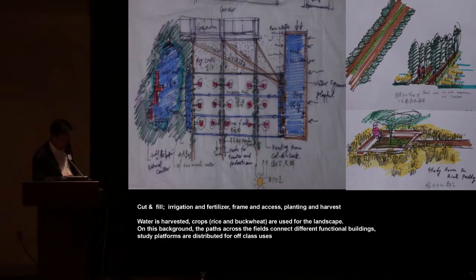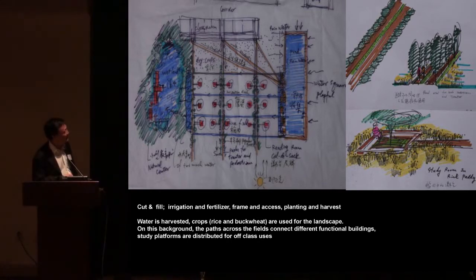So the solution is cut and fill, but very shallow, narrow, very simple cut and fill, because this land is flat. The cut and fill just created enough space for water to irrigate. So irrigation again plays a key role here.